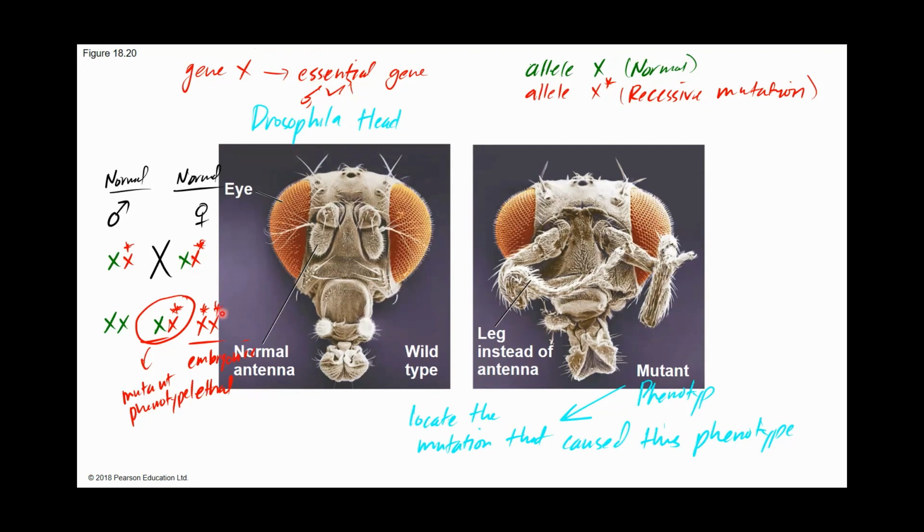But if some offspring acquire both copies of the mutant allele, they will die and will not be able to continue with their developmental program. This is what I meant by studying recessive mutations in heterozygous flies rather than in homozygous flies, because some of these mutations might be embryonic lethal.